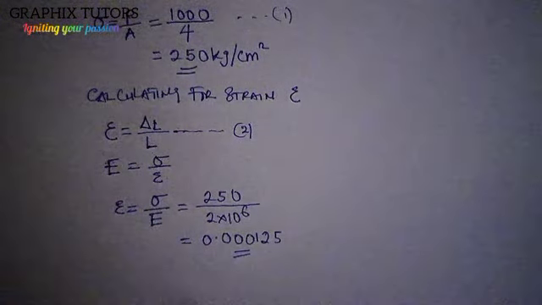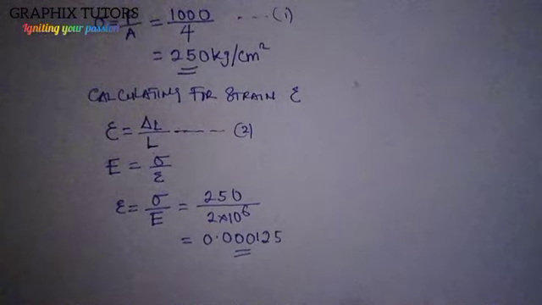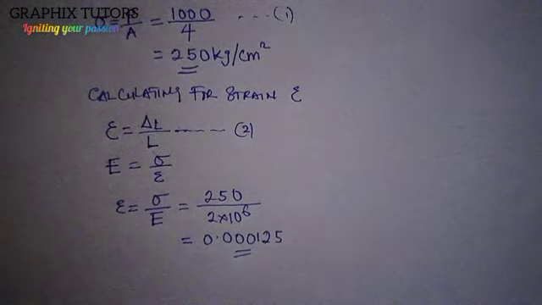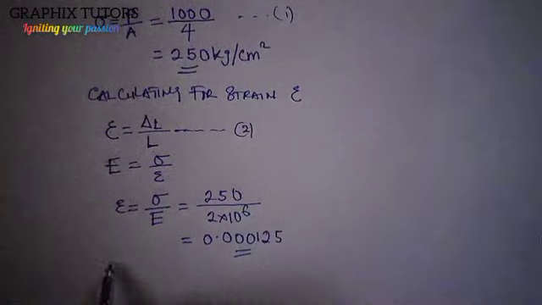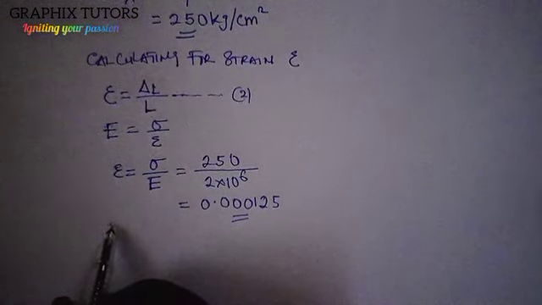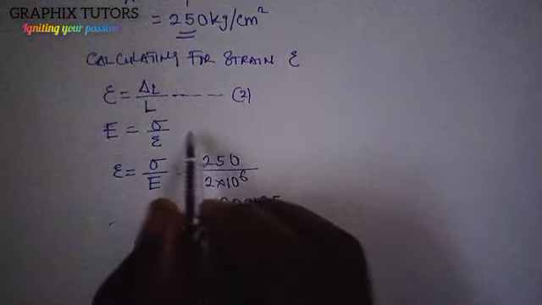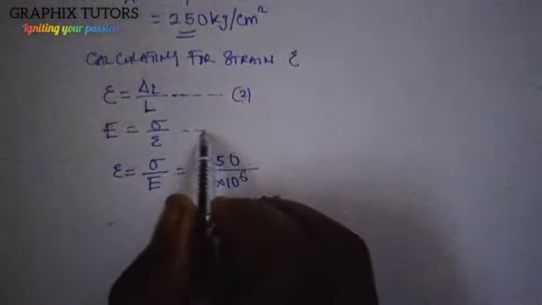Now the next thing we should calculate, if you look at the top right corner, is the elongation. I'll call this equation 2 and I'll call this equation 3. So we'll work with equation 3 here, right?